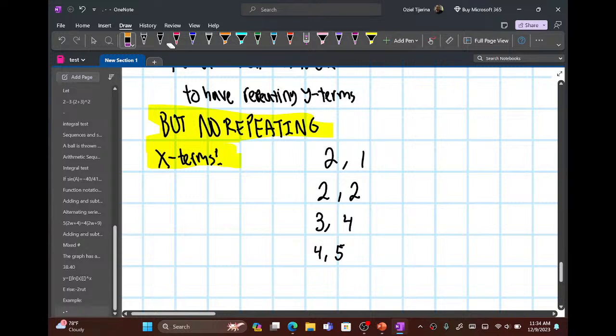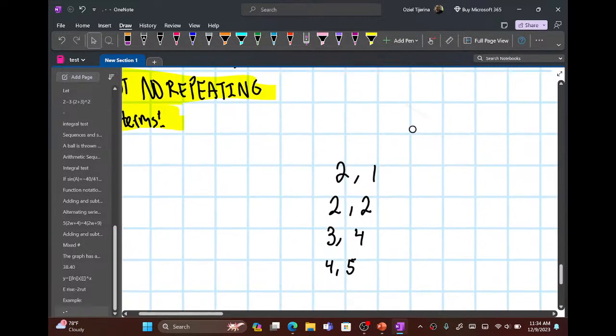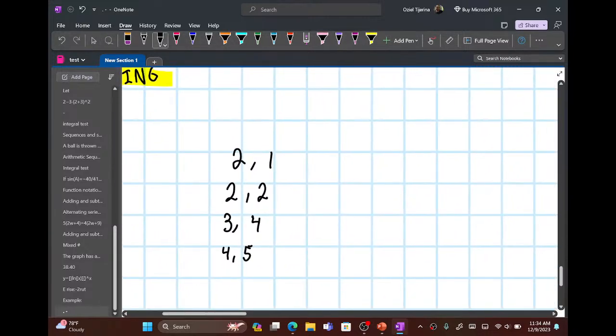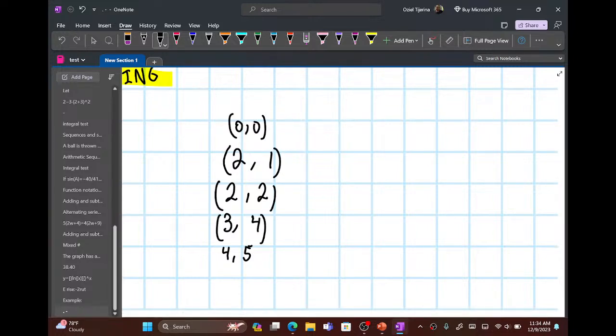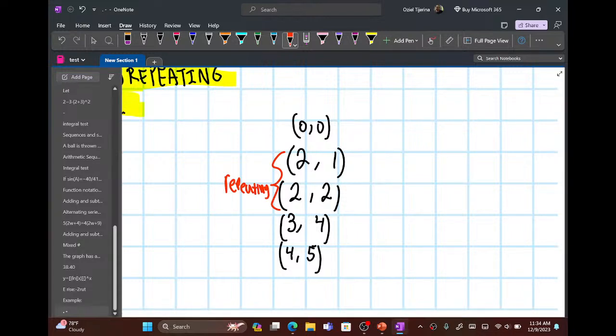So let me just grab this and just put 0, 0 here. So these are my coordinates, right? And obviously we know that there's a problem here. This is a repeating x term. Sorry if my handwriting is really crappy.